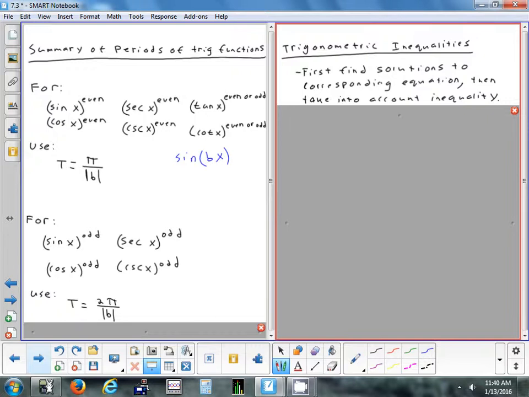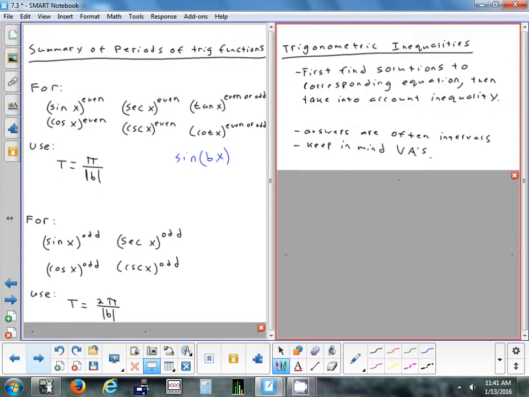Right, so if we can solve trig equations graphically, solving trig inequalities is pretty much the same thing. Okay? The only difference is our answers are usually intervals. Sometimes they also have a union between this and this. And if we're solving inequalities and we're writing intervals, you have to put the plus 2 pi n or pi n on the interval as well.